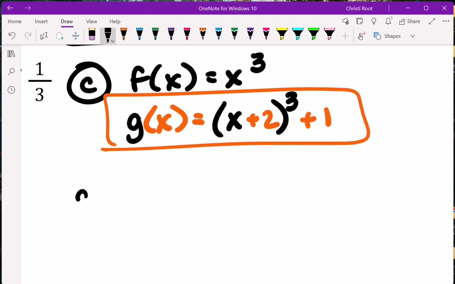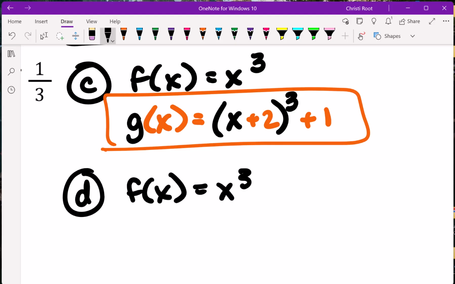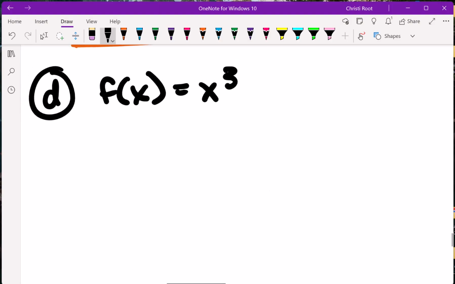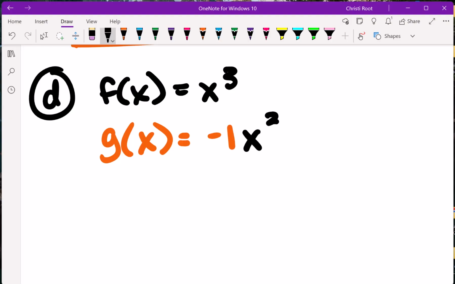All right, D. Reflect over the x-axis. If something is reflecting over the x-axis, I know I multiply the function by -1. So it's going to go out in the front. But then it tells me I also want a vertical shrink.